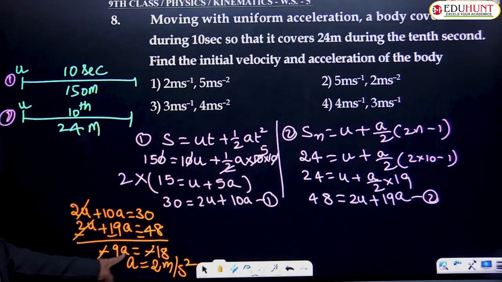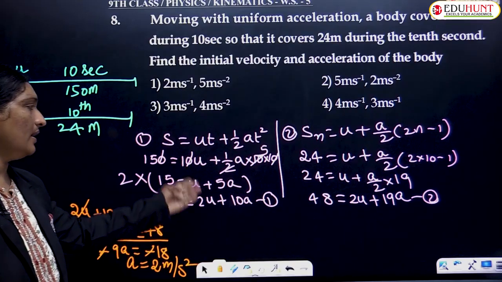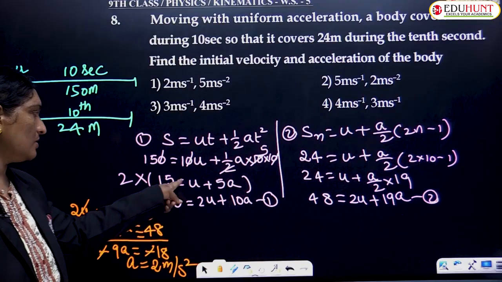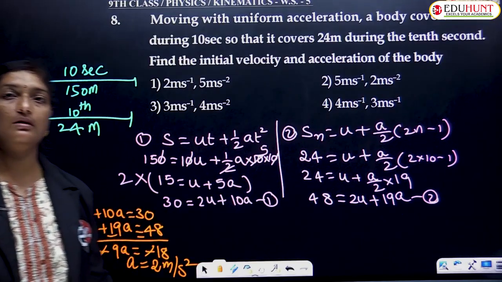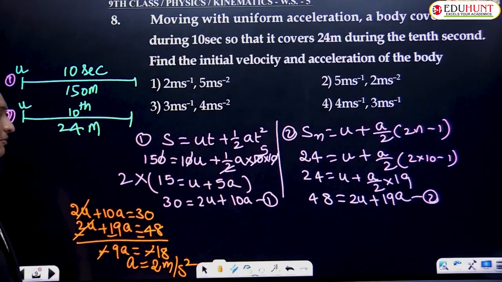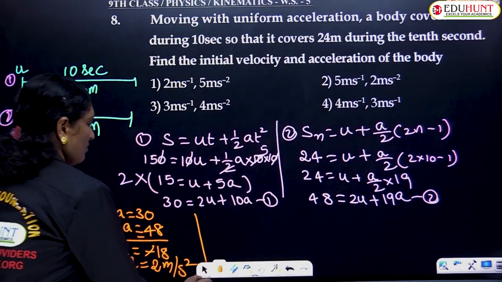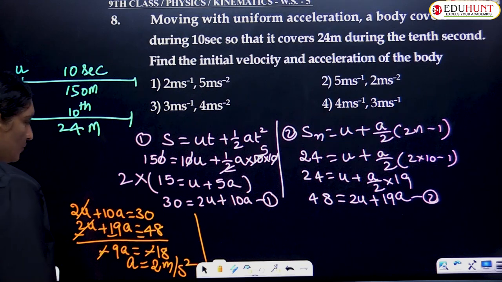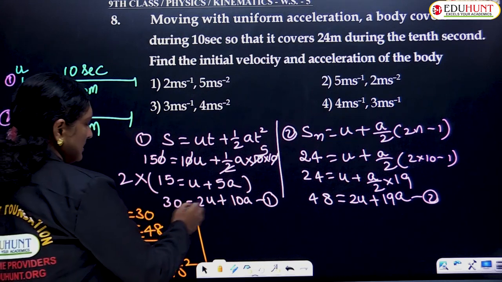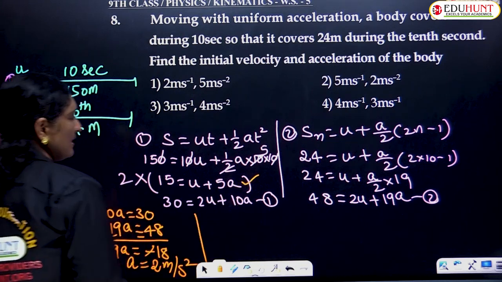So substituting the value of a in either of the above equations, you can find the value of u. Let me take this equation, before multiplying with 2.